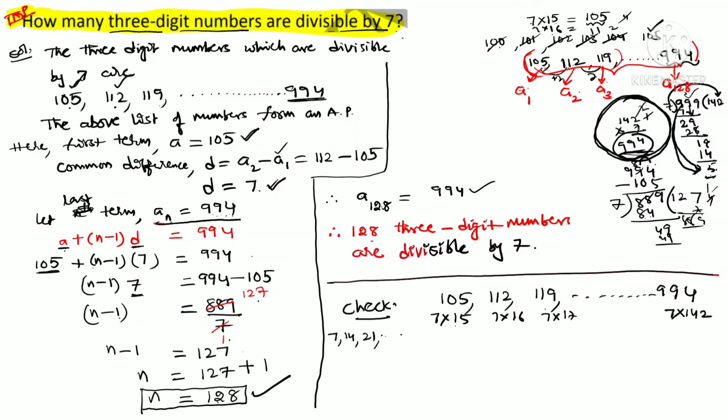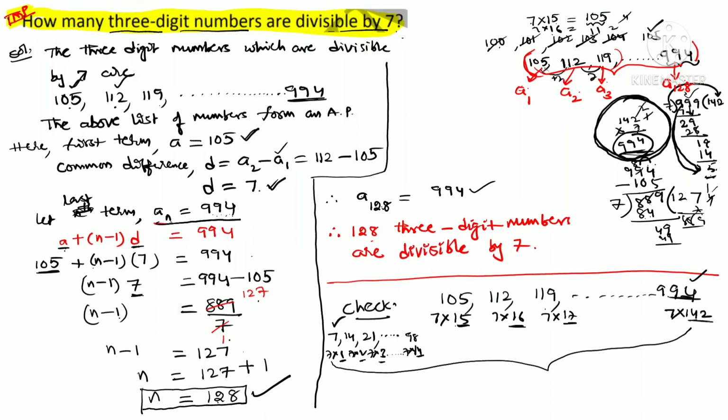This is 7 into 1, this is 7 into 2, and this is 7 into 3. 98 will be 7 into 14. So starting from 7 to 994, how many numbers are there? 142. This is the 14th number, this is the 15th, this is the 16th, this is the 17th. Like that, so many numbers are in the middle, and 994 is the 142nd number.